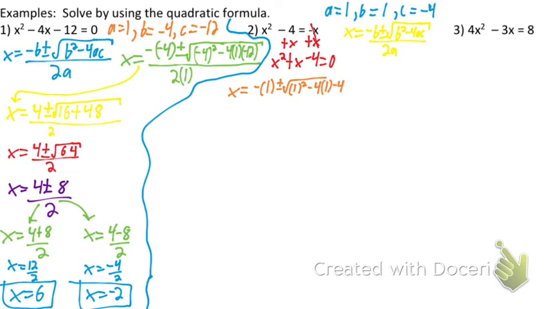And then we take all that over 2 times 1. Very good. So we end up getting x equal to negative 1 plus or minus the square root of 1 squared minus 4 times 1 times negative 4, all over 2 times 1. Questions on that so far?